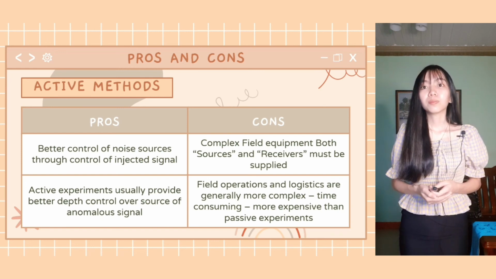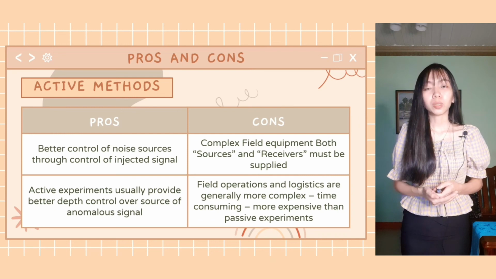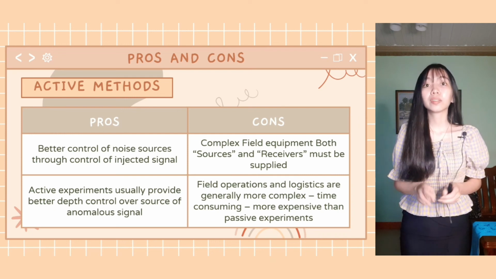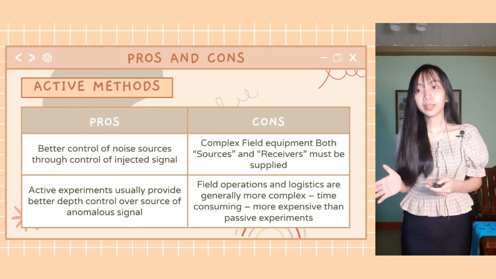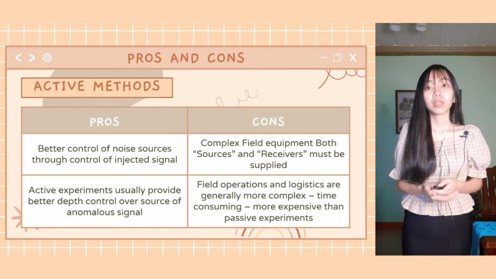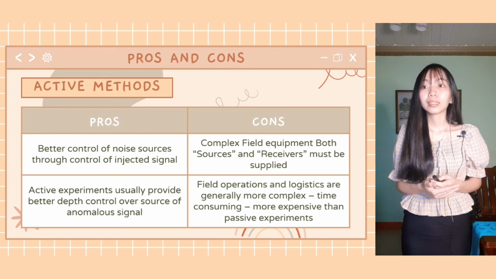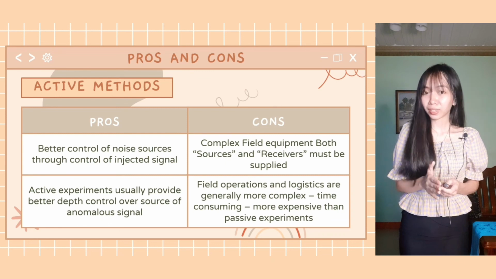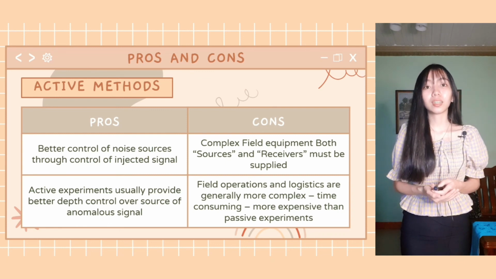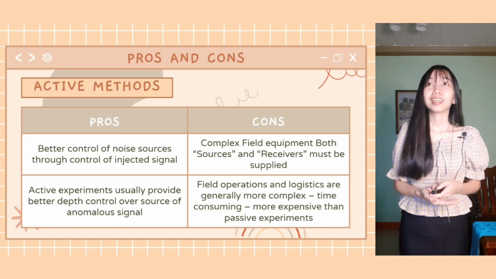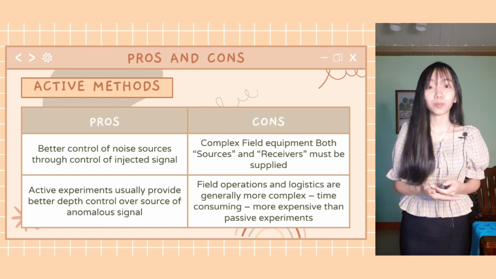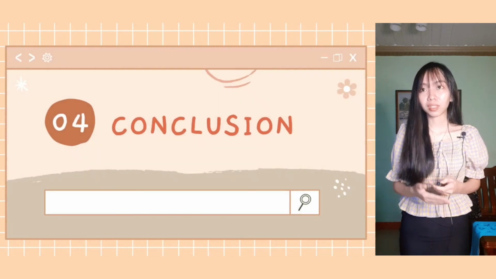On the con side, it requires complex field equipment, as both sources and receivers must be supplied. On the pro side, active experiments usually provide better depth control over the source of the anomalous signal. However, field operations and logistics are generally more complex and time consuming, and other than that, it is more expensive than passive experiments.